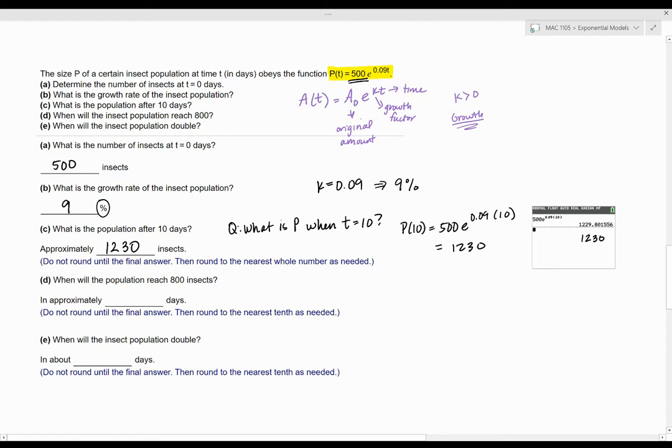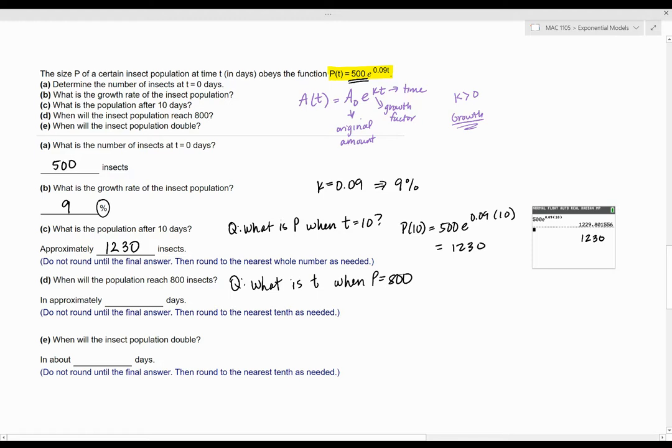All right, let's look at D. D says, when will the insect population reach 800? Another way of saying that is, what is the time when P equals 800?